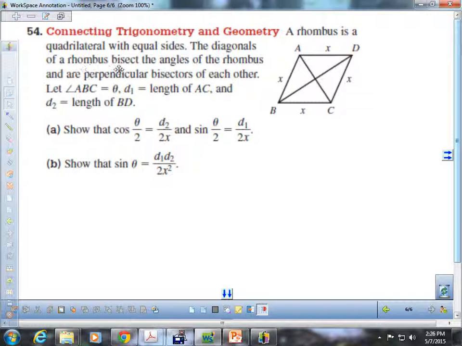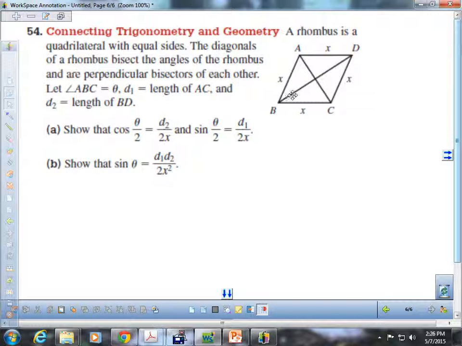The diagonals of a rhombus bisect the angles of the rhombus. Now the rhombus is the one where the diagonals did everything. The diagonals bisected each other, so this length and this length were the same. This length and this length were the same. Were all 4 of them the same, though? No. There's one diagonal that's longer than the other.